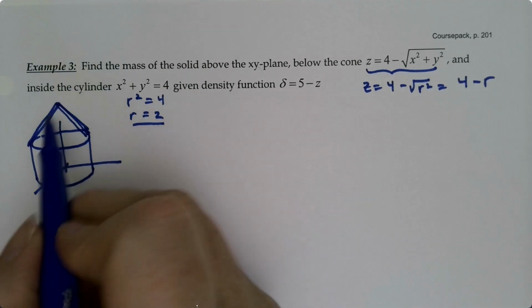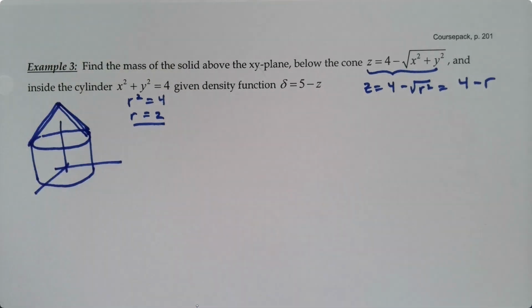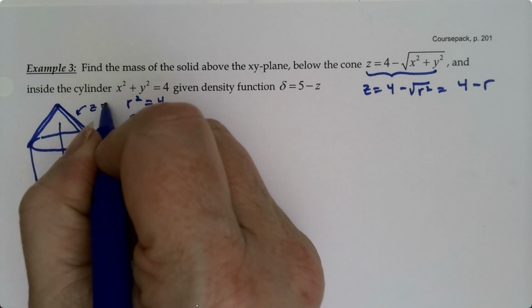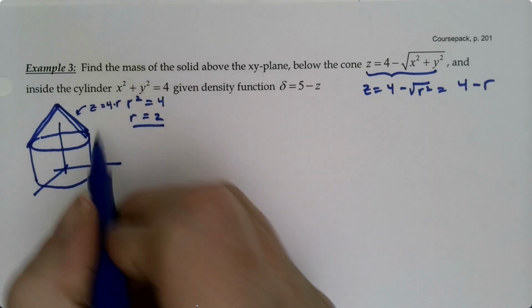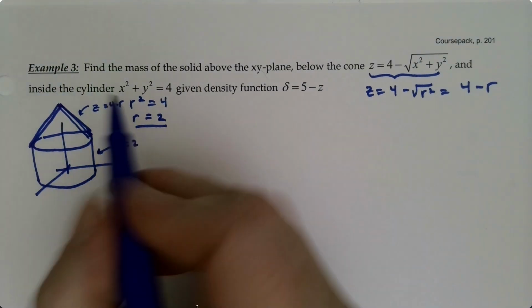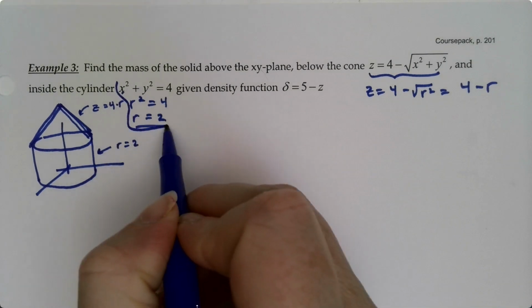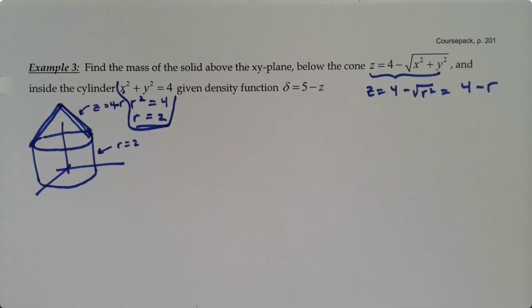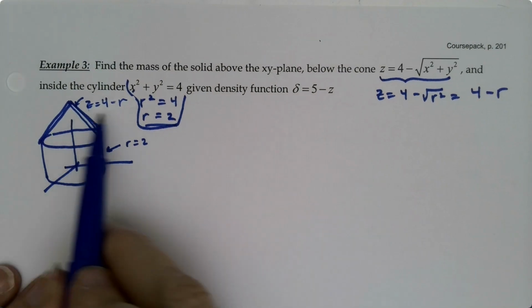So we have the cone on top. That cone up here is the z equals 4 minus r, and the cylinder is the r equals 2. So let me just segment this off so you know that's something different. So this is 4 minus r, and then that is r equals 2. There, I rewrote it so it's a little clearer.